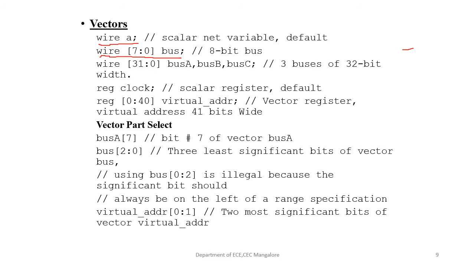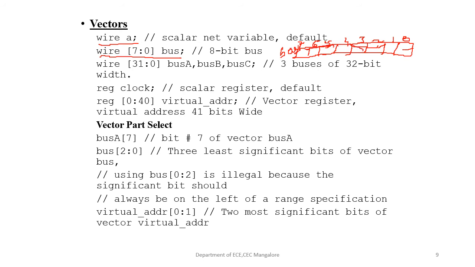For example, if you have a total of 8 bits like this, 7, 6, 5, 4, 3, 2, 1, 0, and you want to declare it like this, this is named as bus.